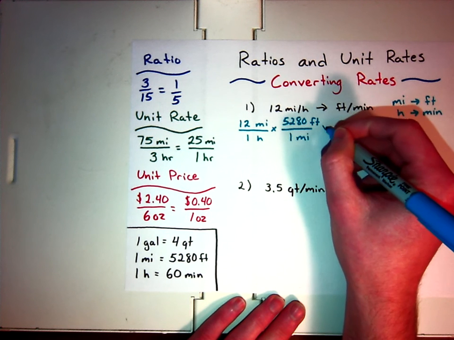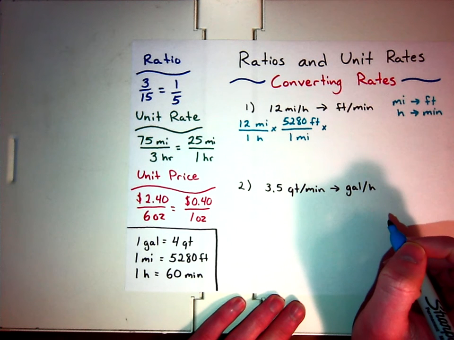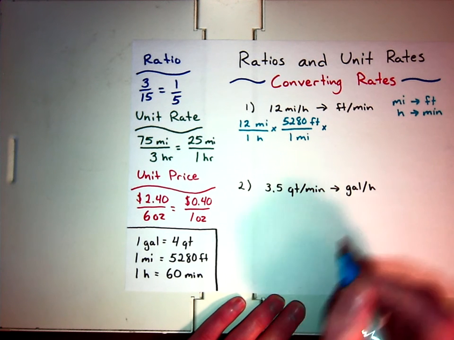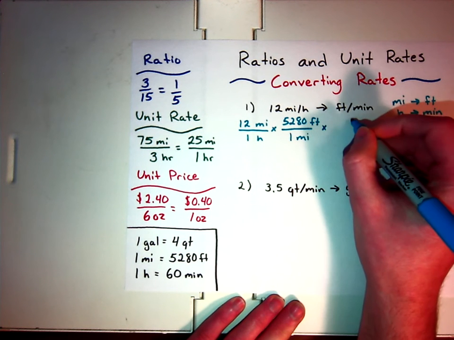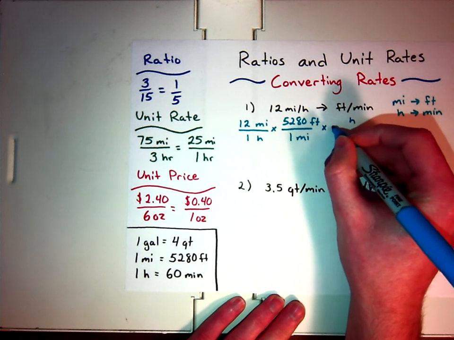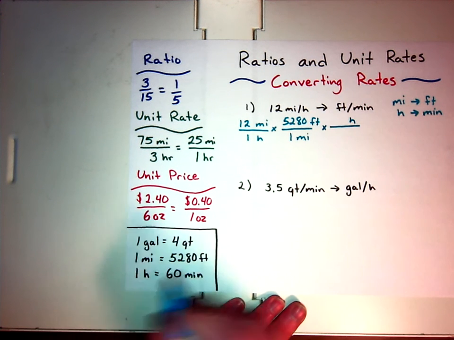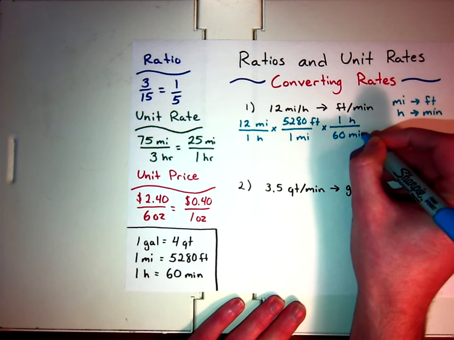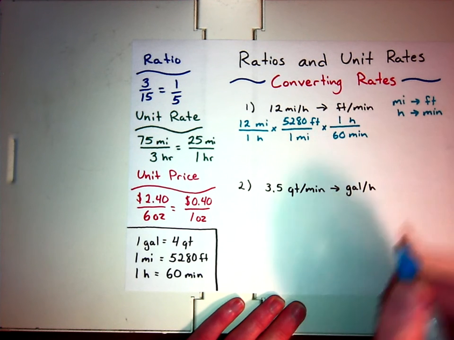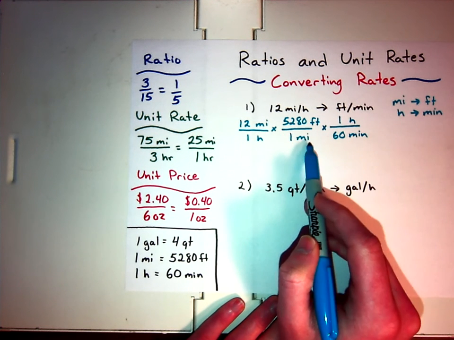Well, I'm going to multiply again, and if hours this time is in my denominator, that means I need hours in my numerator because it needs to stay across. Well, 1 hour equals 60 minutes. So this will help me to change it to feet.